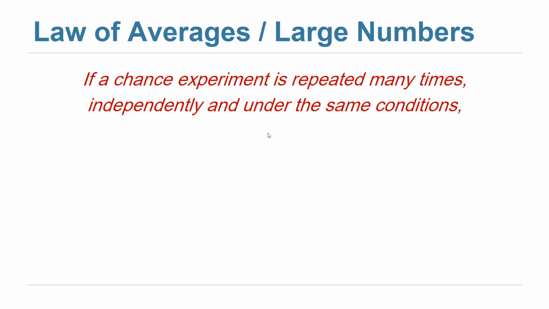Yes, so every time we repeat the experiment, it doesn't depend on the previous ones, which was our case here. The outcome of the new experiment doesn't depend on the outcome of the previous experiments, which means that they are completely independent, and under the same conditions. What do you mean by under the same conditions here? Sample size and also the probabilities.